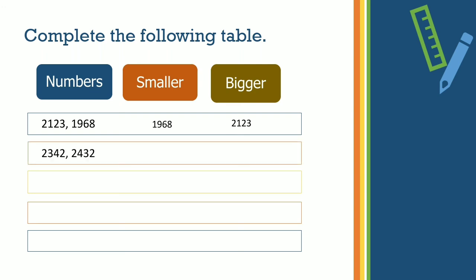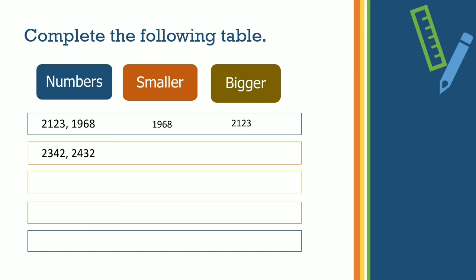Let us do one more example. 2342 and the next number is 2432. So we compare the thousands place first. Both digits are 2.